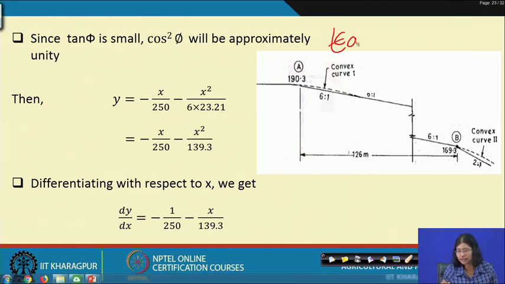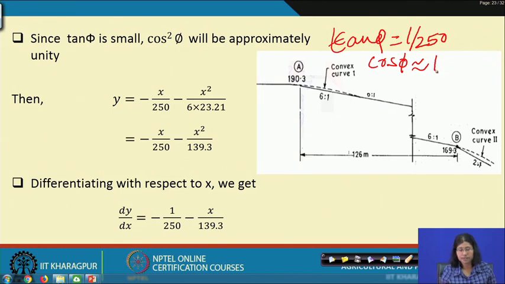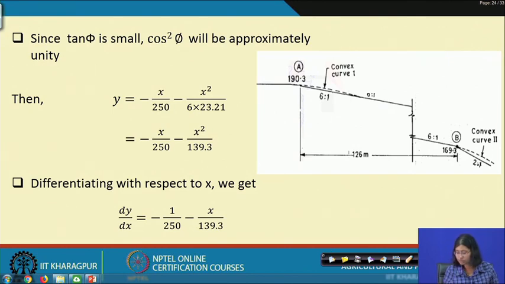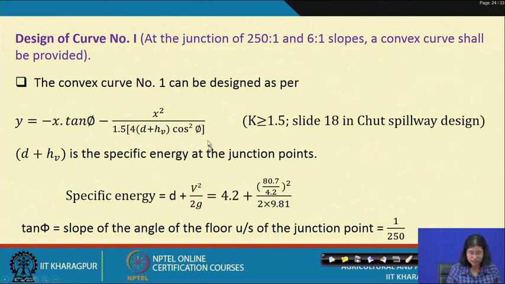Since tan phi is 1 upon 250, cos phi we can approximate as 1. And here you get a convex curve, and then the slope profile, so we plug everything here.